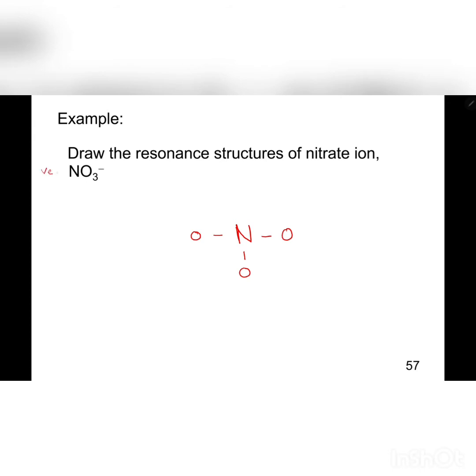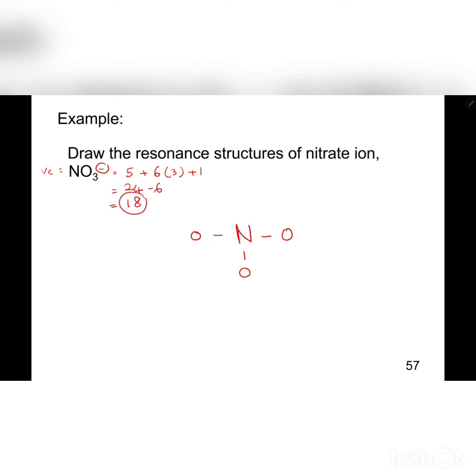The valence electrons for NO3 minus are 5 for nitrogen plus 6 times 3 plus 1, since we have a negative 1 charge here. So the total valence electrons is 24. 24 valence electrons minus 6 electrons, since we have 3 bonding pairs here, the balance is 18.